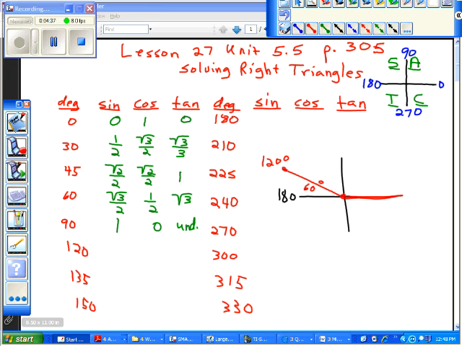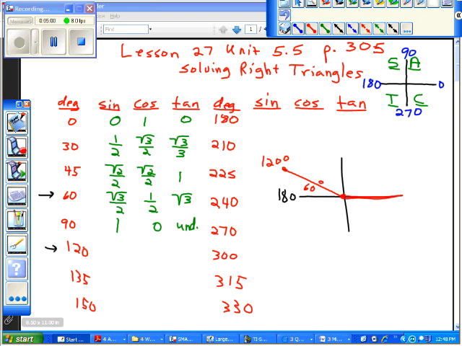It's in quadrant 2, 60 degrees before 180. So what's the reference angle? 60. So my reference angle is 60. All my answers for 120 are going to look like my answers for 60, because the reference angle for 120 is 60.